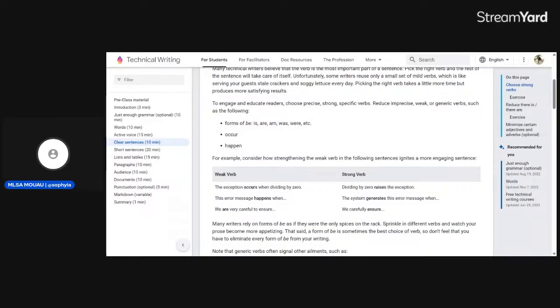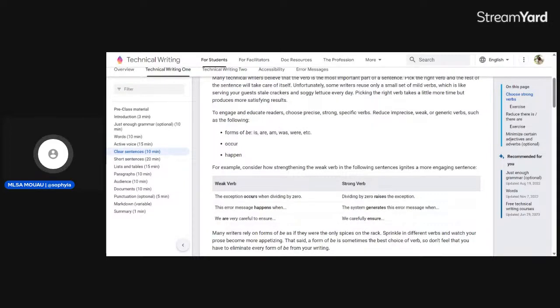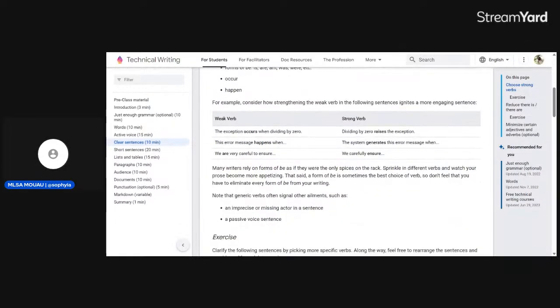So it also says here, to engage and educate readers, choose precise, strong, specific verbs. Reduce weak verbs or generic verbs such as the following: forms of be, was, occur, happen.